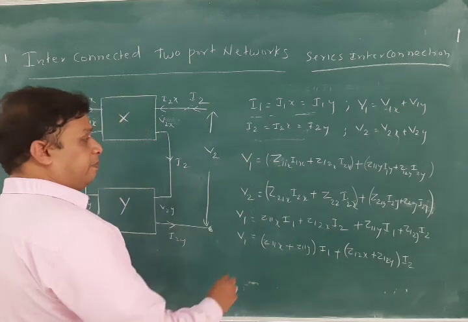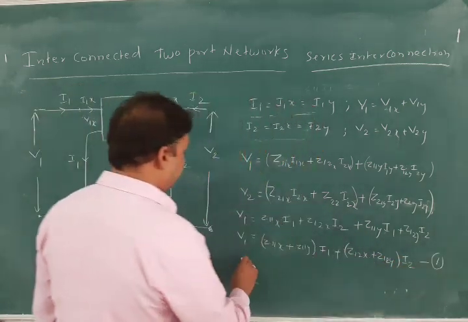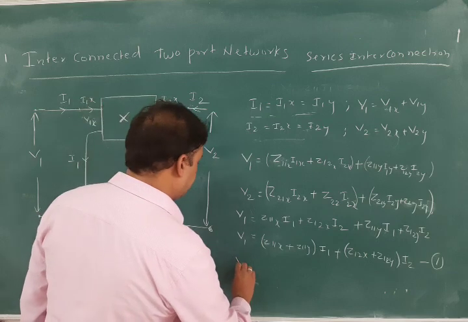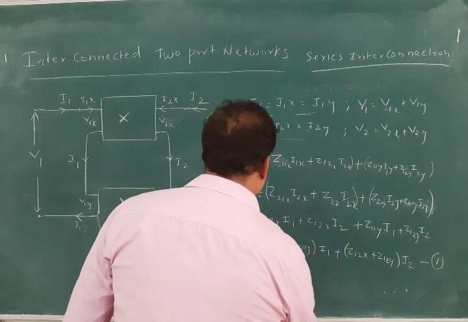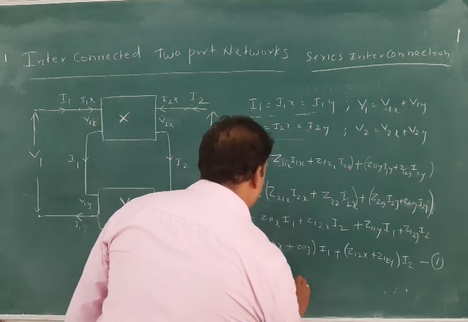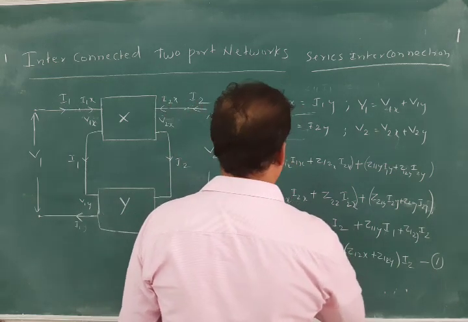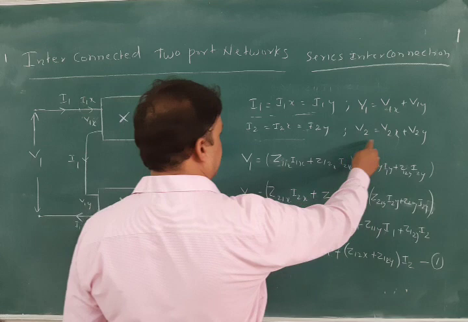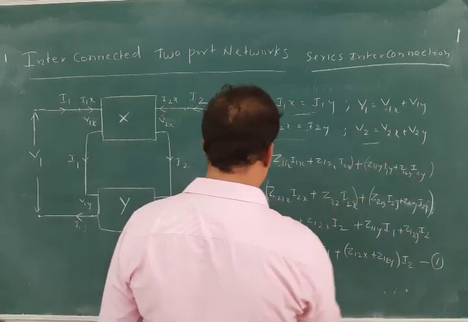In a similar way to how you have written this equation, now we will write the equation for V2 also. V2 is equal to V2x plus V2y, we will write the same equation here.